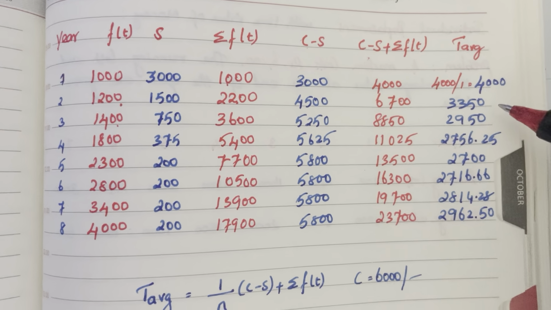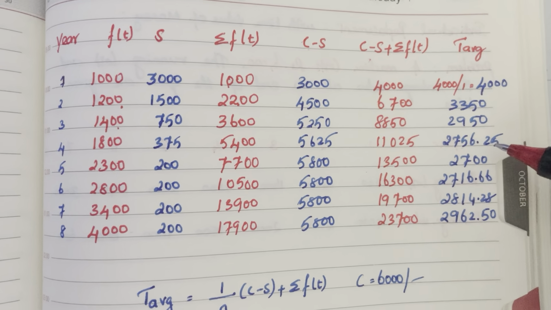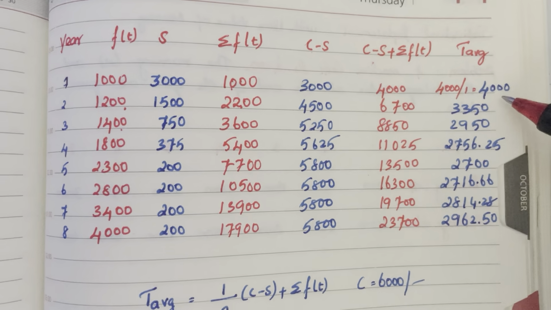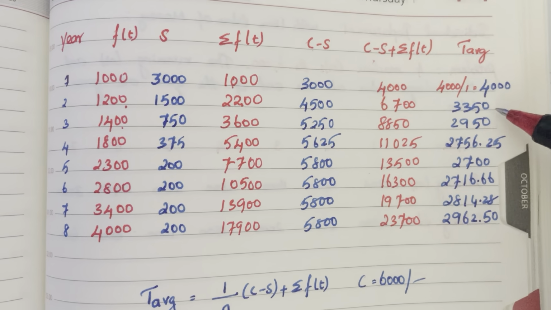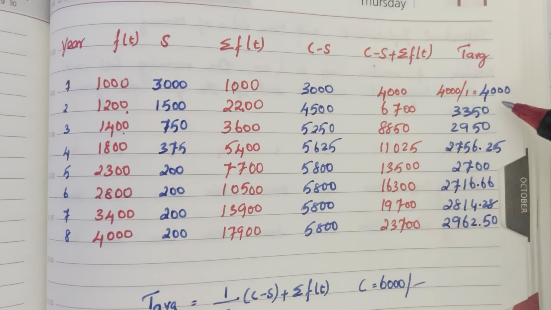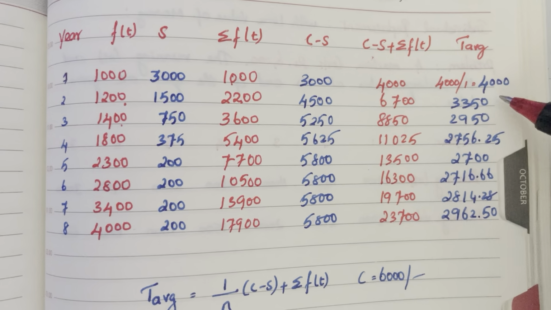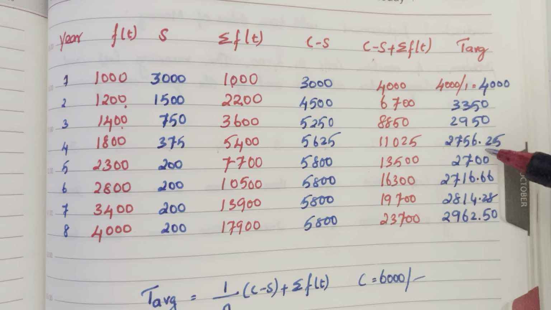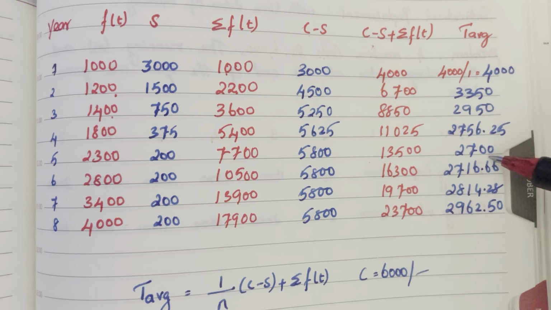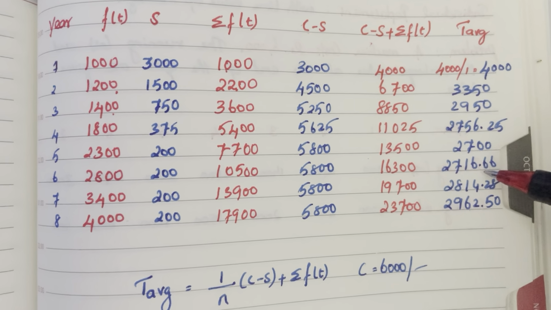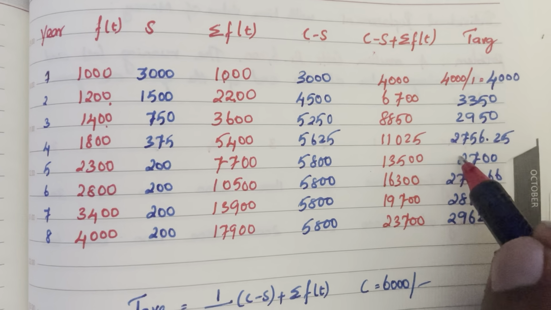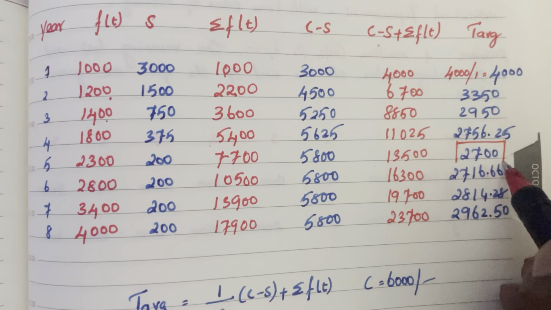From this we have to find out in which year we have to replace the machine. The first year's T average value is 4000, next year it is 3350, and the next year it is 2950. You can see a trend that the value is decreasing every year. It decreases till 2700, and after this the next year the value starts to increase. So this is the place you need to select.